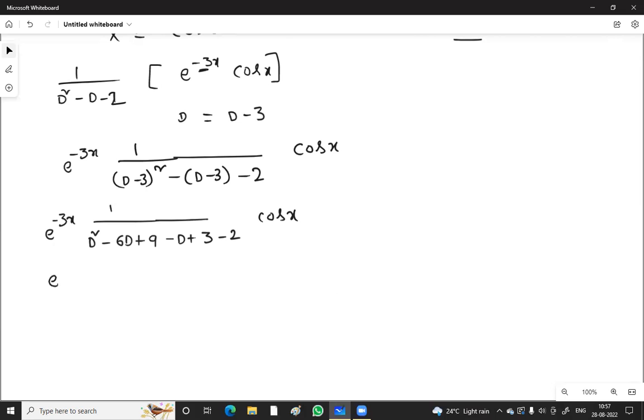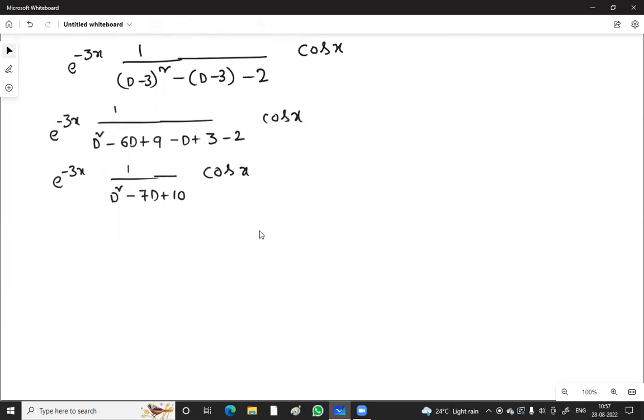So e power minus 3x, 1 over D square minus 6D minus D minus 7D, 9 plus 3 is 12, minus 2 is 10. It means plus 10, should operate on cos ax plus b, nothing but cos 1x plus 0.